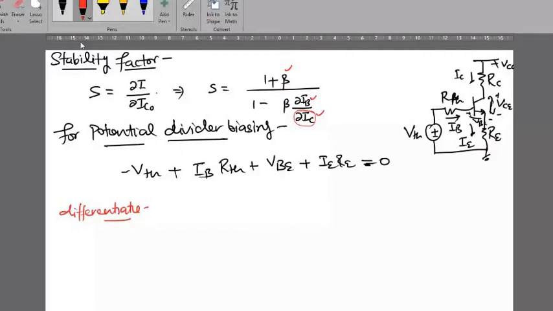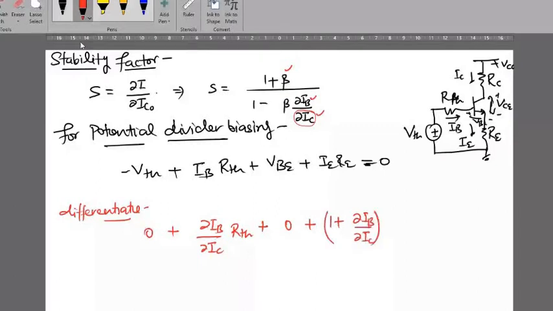So this term will be 0 plus del IB over del IC RTH plus 0 plus IE, where IE equals IB plus IC, so it will be 1 plus del IB over del IC, times RE equals 0.